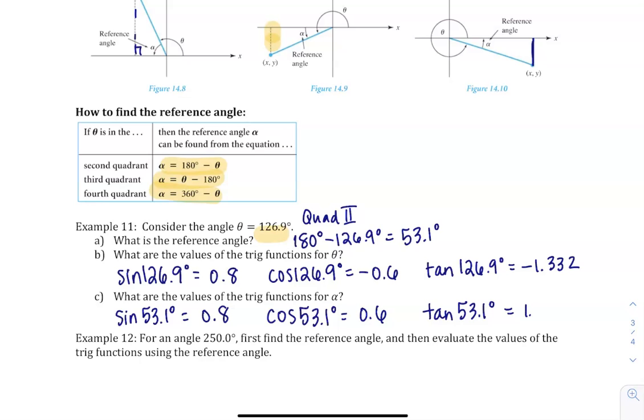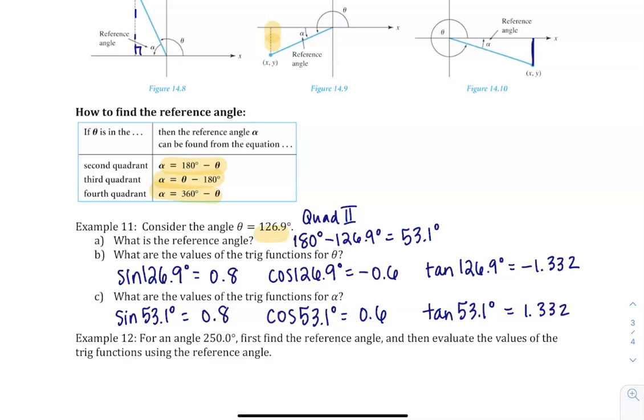Tangent of 53.1 is positive 1.332. So you should notice that the absolute value, the number part, for all of these is the same. Sine of the original angle and the reference angle is the same. Cosine for the reference angle and the original angle, you have the same number, different signs. And then same with tangent, same number, but different positive and negative.